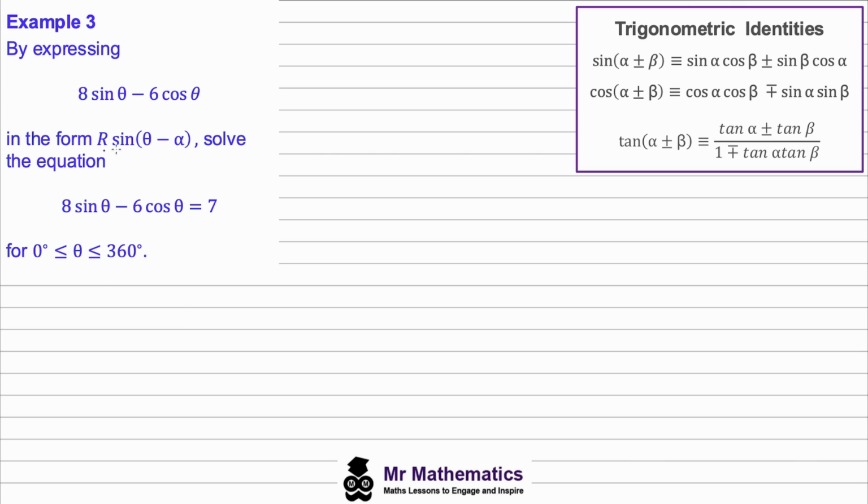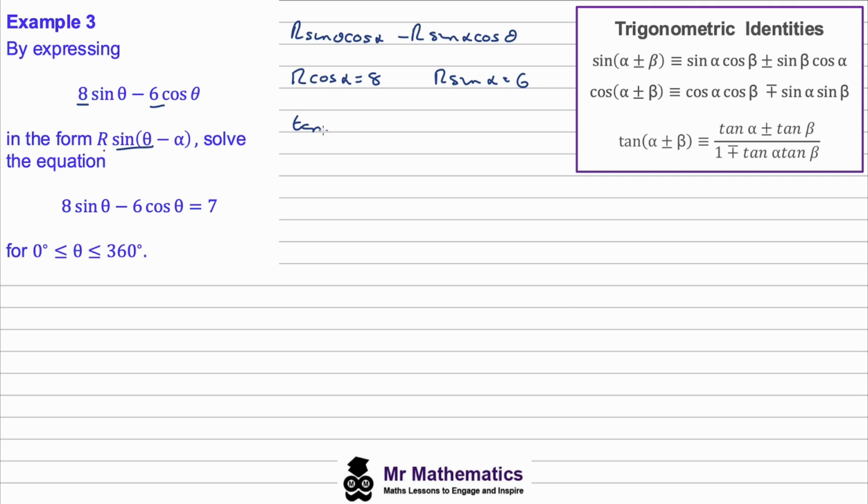So if we expand this out, we'll get r sine theta cos alpha minus r sine alpha cos theta. So the r cos alpha term will be the 8, and the r sine alpha term will be the 6.